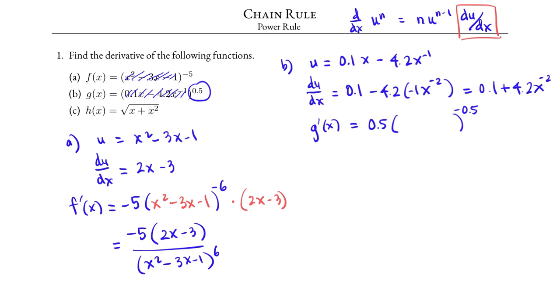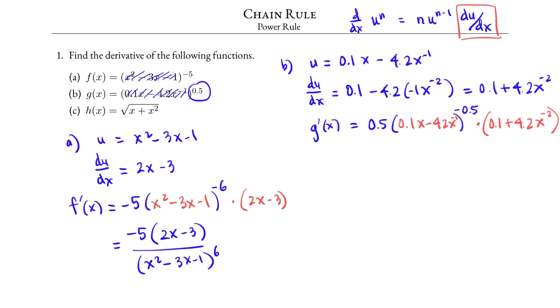Keep the inner block intact, which is u, 0.1x minus 4.2 x to the -1. We then multiply the derivative of this inner block, which we found, 0.1 plus 4.2 x to the -2. And this is the final answer.